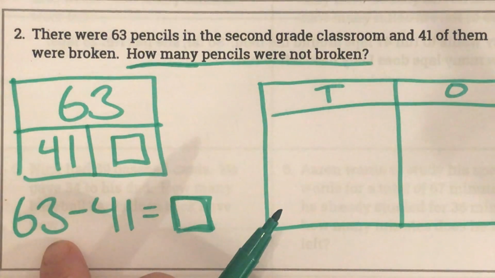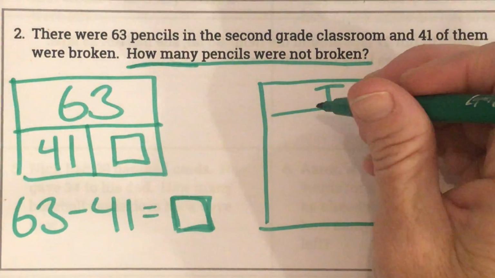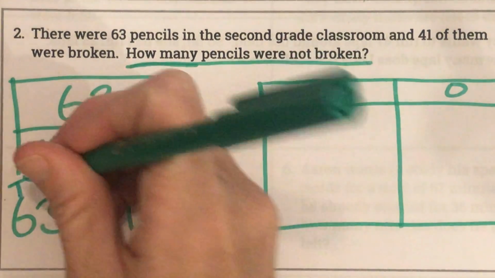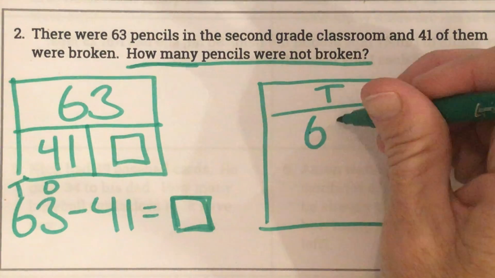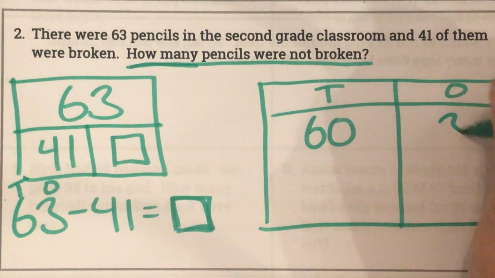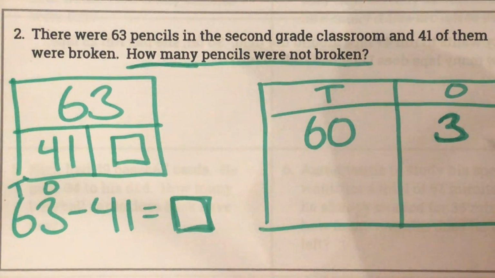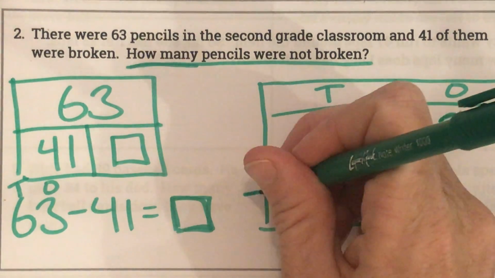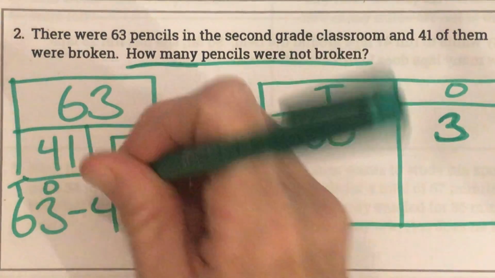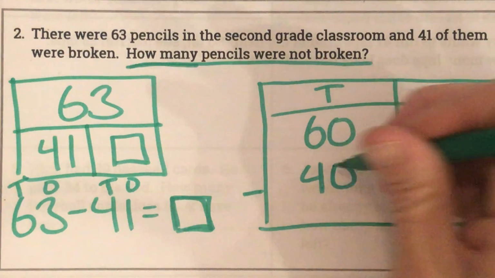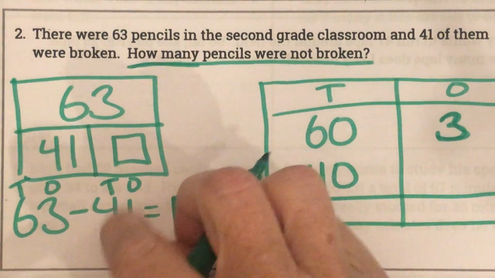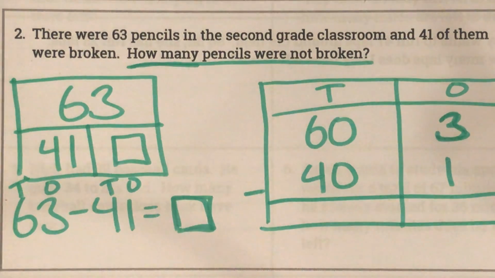So I have 63. 63 means I have 6 10s, which is 60, and I have 3 1s, which is 3. And I'm going to take away 4 10s, which is 40, and 1 1, which is 1. So what do we get?